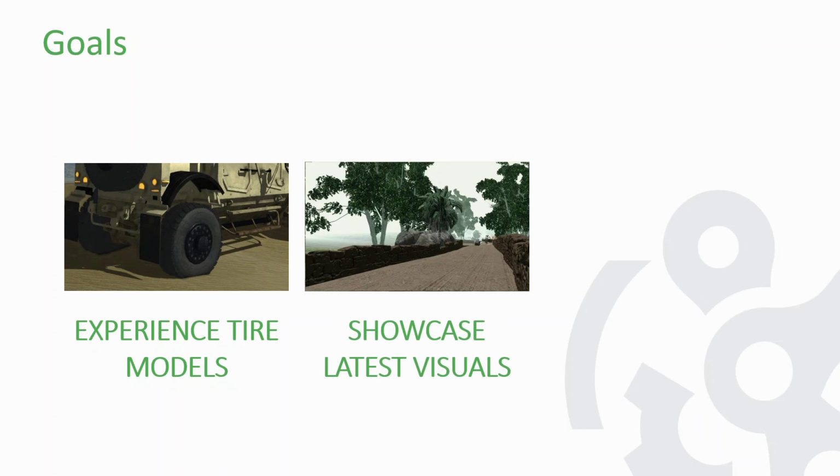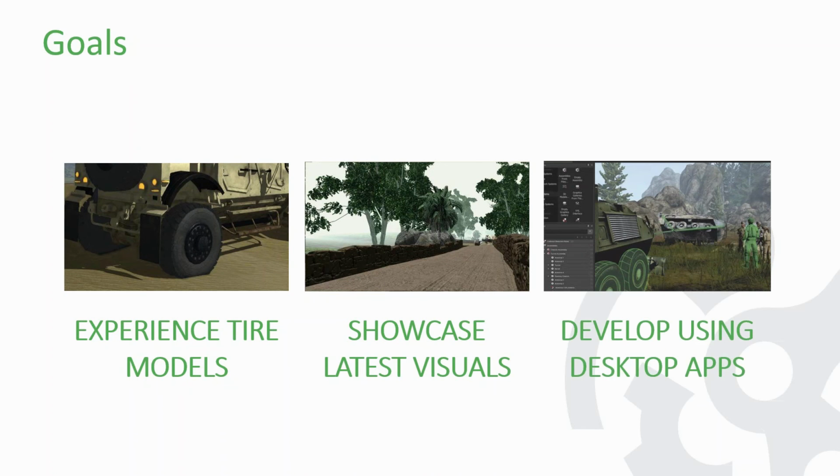The second thing we wanted to showcase is the latest visual that we've added to the editor. So now we support what we call vegetation field, which is a procedural tool that allows you to put vegetation over a large area. Also, we recently added multi-texturing, masking, and a couple of other graphics tools, and we wanted to showcase them to the public.